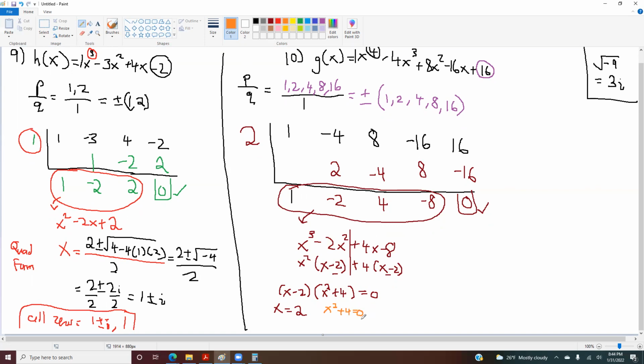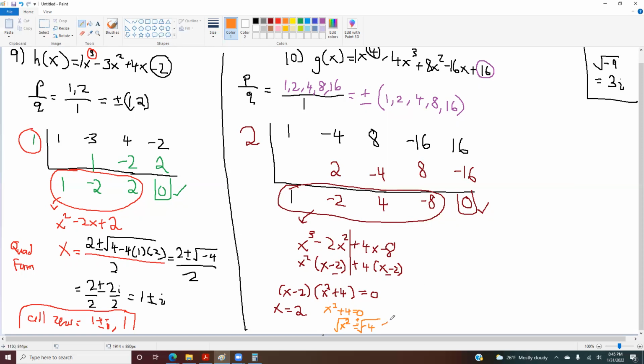I move the 4 over, so it becomes x squared equals -4. And I take the square root. Class, this is something that I still see students forget. What do you need to have when you use the square root property? You have the plus or minus in front of it. Yes, the plus and minus symbol. This is the most common mistake I see students make in my test. And yes, then the 2i, don't forget. So the plus minus is important.